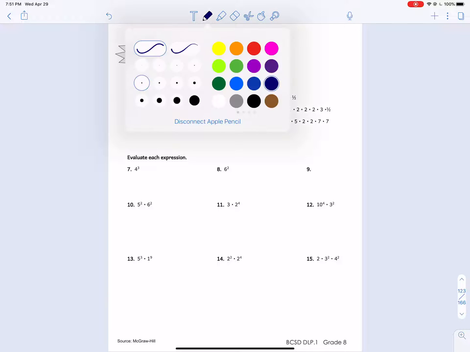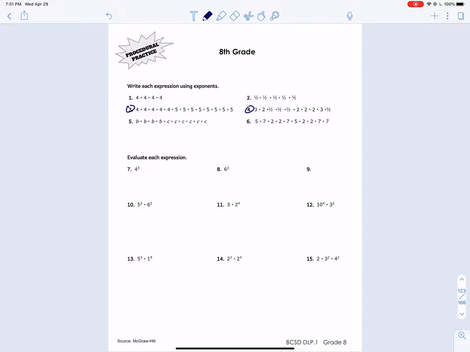Okay, so number 3, I'm looking for the similar bases. So I have 4s and then I have 5s. So number 3, we can simplify it as 4 to the 1, 2, 3, 4, 5. 4 to the 5th power.